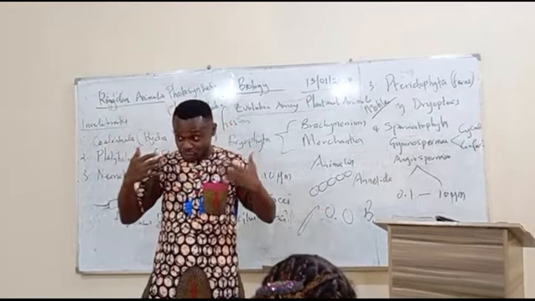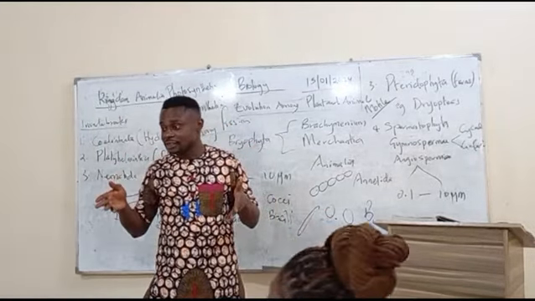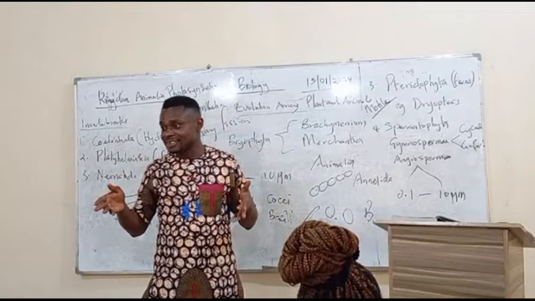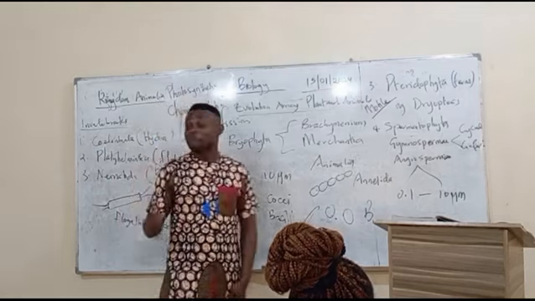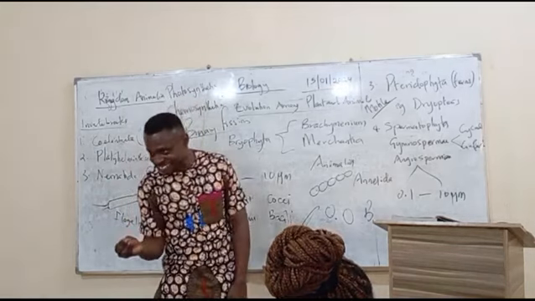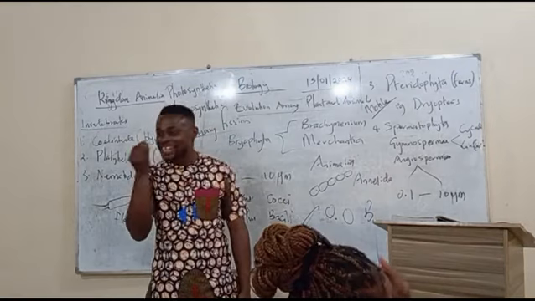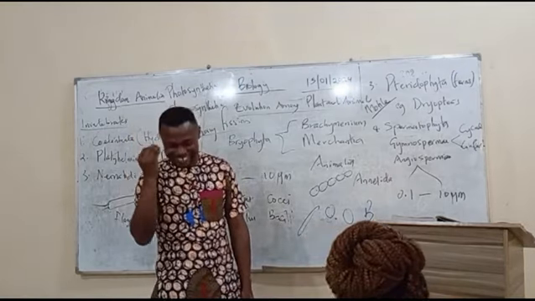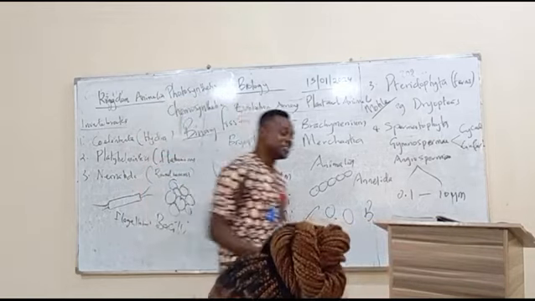What are they? Mitosis. Mitosis is the cell division of reproduction in the body, where a cell is divided into two.